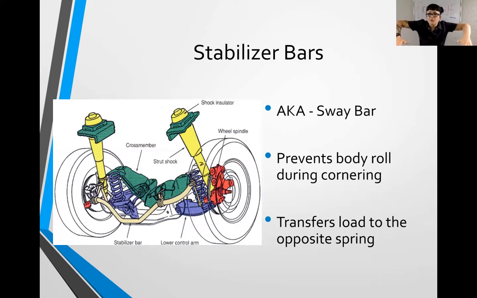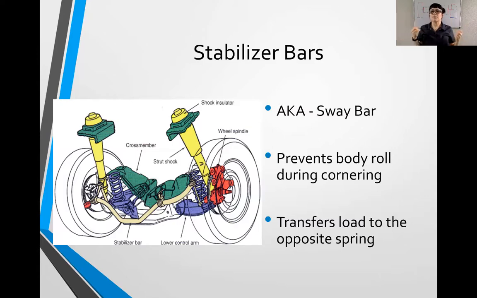What the sway bar does, it has a goalpost sort of shape to it, right? And each side is attached to a control arm or the knuckle, and its job is to almost act like a torsion bar, but it's using that springy action to load an opposite side.